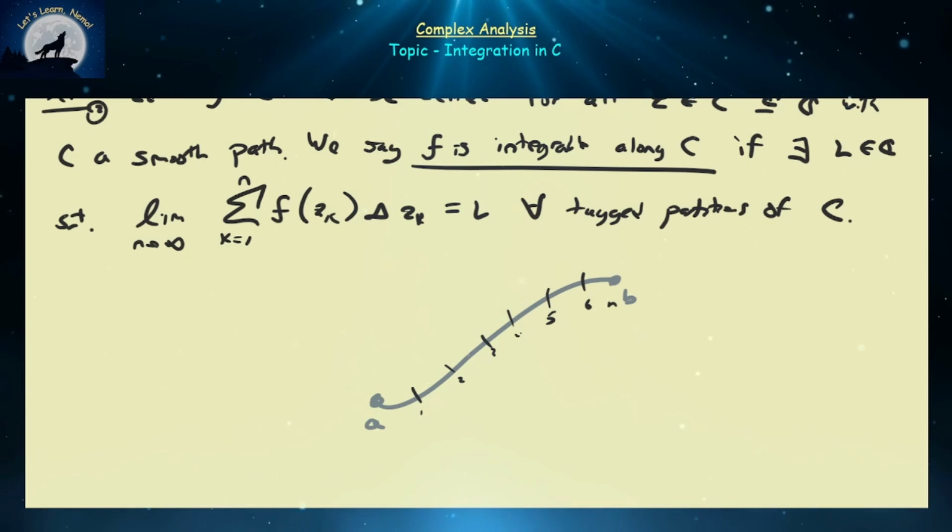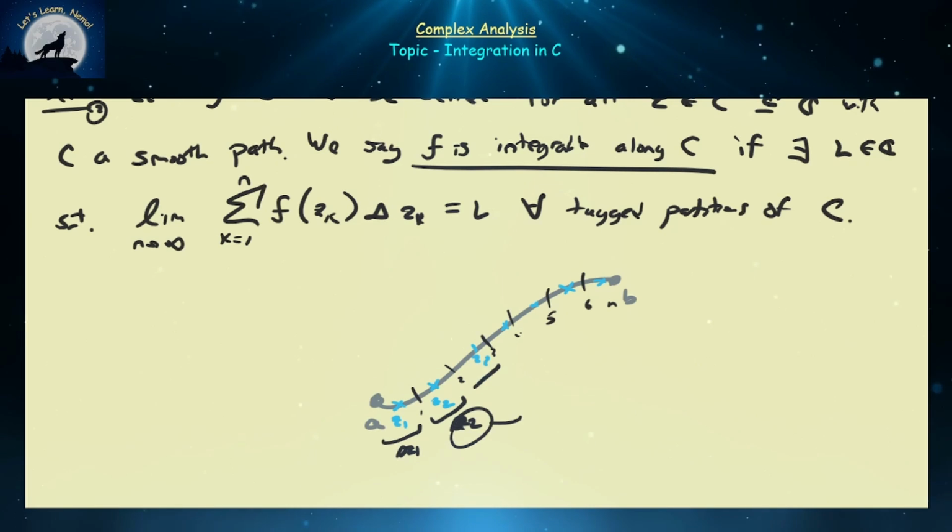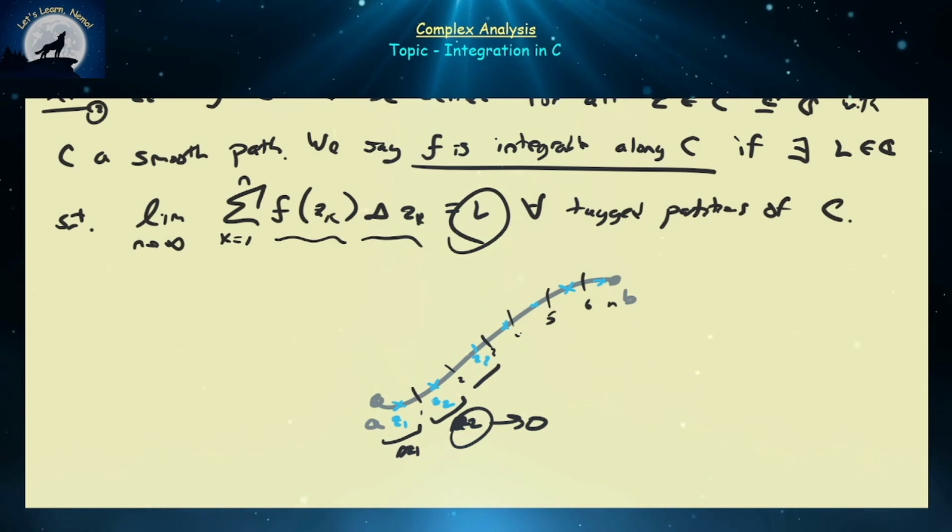Then you need to tag those partitions: z_1, z_2, z_3, z_4, z_5, z_6, z_7. Keep in mind these deltas need not be the same. For example, this would be delta z_1, this would be delta z_2, the lengths of those, and they don't have to be linear lengths. But as these lengths get close to 0, and you multiply the length times the width and sum them up to get area, it should converge to a number L in the realm of the complex plane.